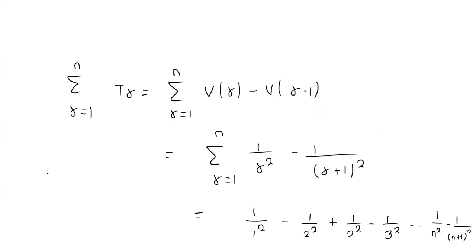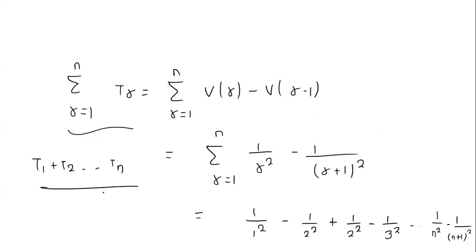Now in the problem we have to find the sum of infinite terms, but let's say initially we want to find the sum of n terms. Then we take the limit n tending to infinity to find the sum of infinite terms. So first we find the sum of n terms, which is t of 1 plus t of 2 up to t of n.